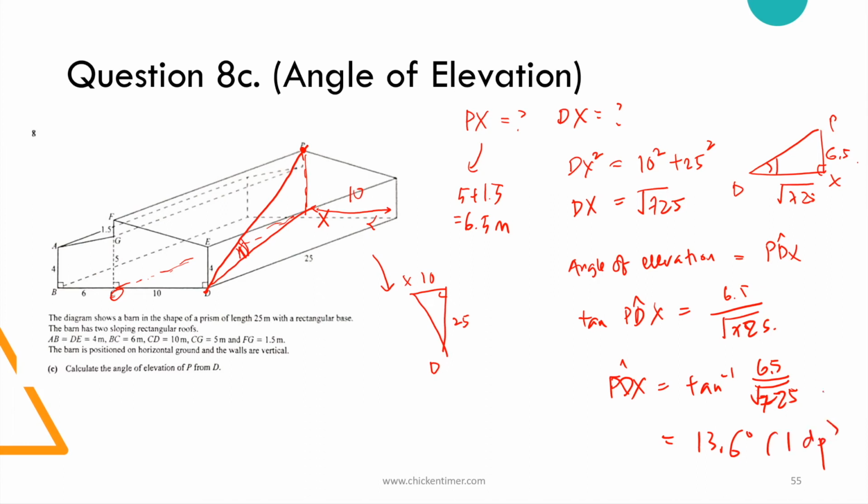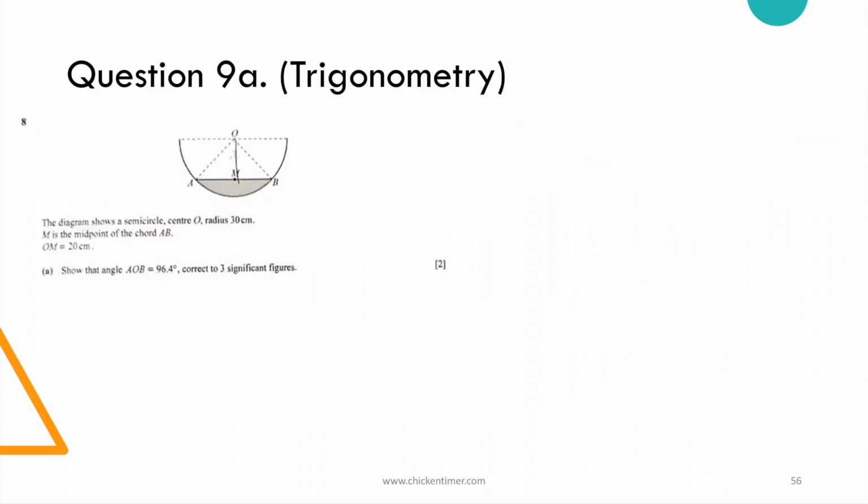In this question we see a circle, then we see a triangle that is bound by chord AB and the radii AO and OB. Okay, so then there's a point M there, and chord AB.